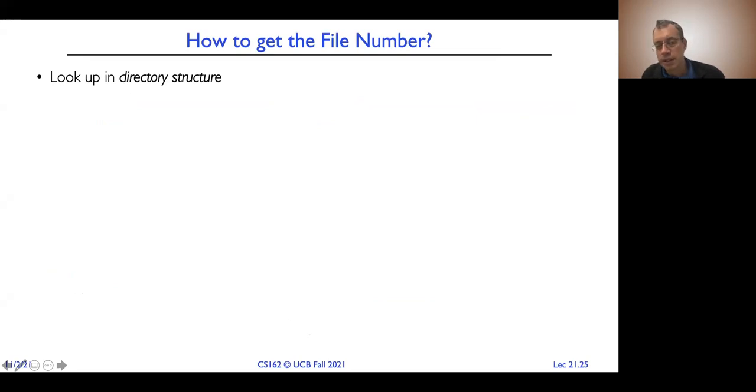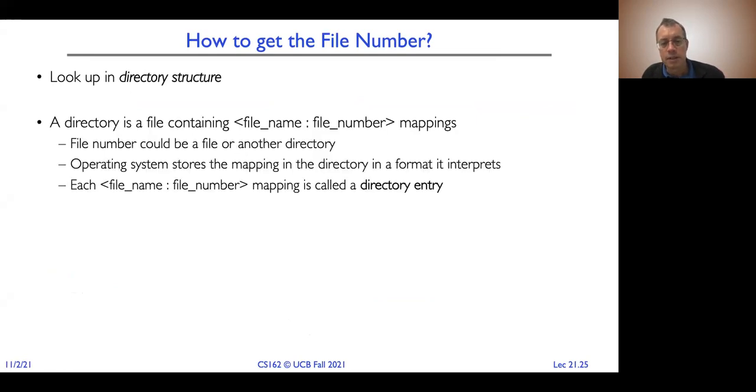How do you get the file number? You have to look in the directory structure. I told you that in the directory structure you have entries associated with each file. I didn't tell you what each entry contains, but I'm telling you now: each entry is a tuple which maps the file name to the file number.